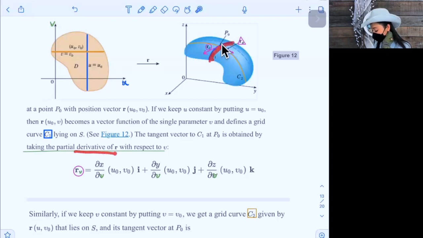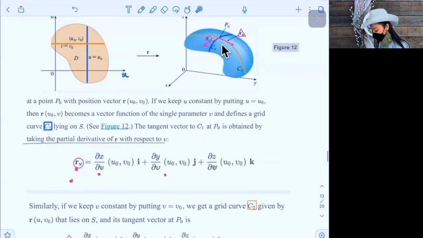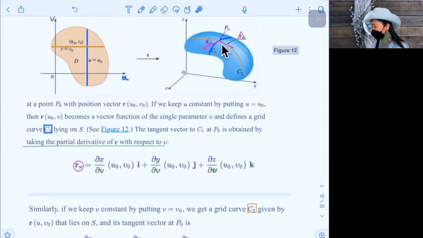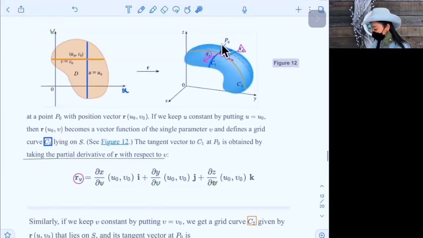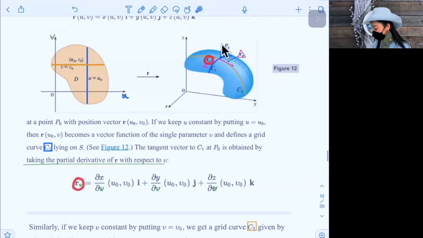So you take the partial derivative with respect to v on each component, and that is the partial derivative of r with respect to v. In the picture, I drew it over here. This one is the partial derivative of r with respect to v. Basically, it's the tangent vector of this curve at this point.